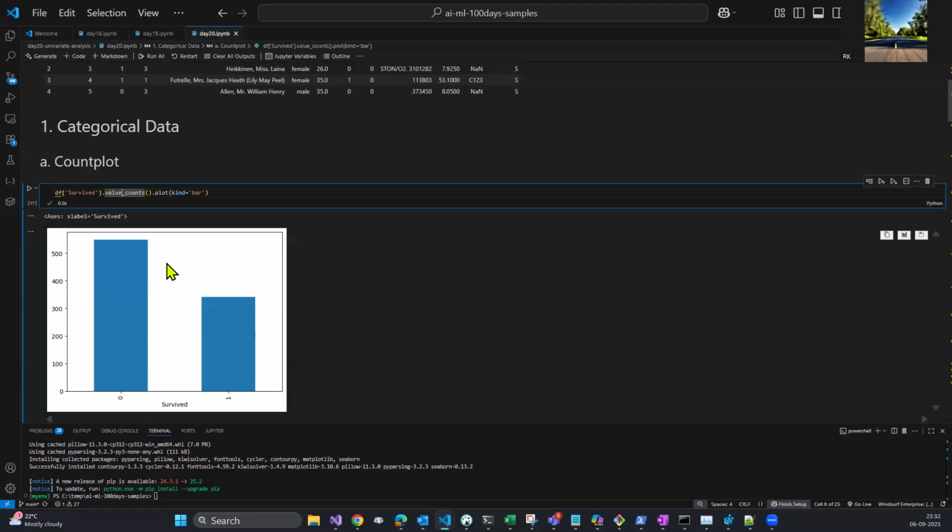In survived, we have two types of values, mostly 0 and 1, either survived or not. So these are two categories.